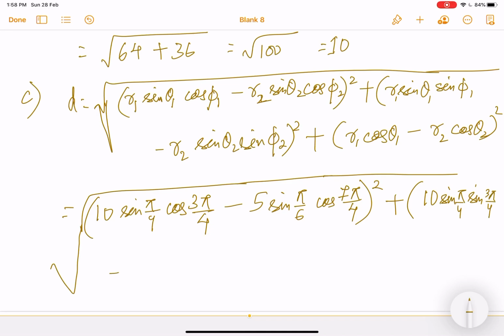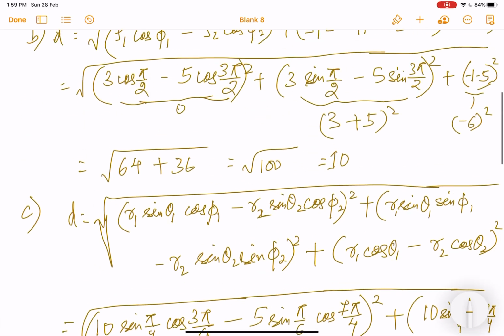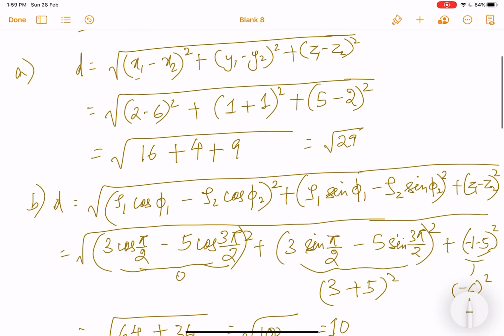Alright, minus R2 is 5 sine theta 2 is pi by 6. Then this phi 2 is sine 7 pi by 4 whole square, plus this R1 again 10 cos theta 1, that is pi by 4. And what is this? This is 5 cos pi by 6 whole square. I have substituted it correctly, I hope. Let me check. Okay, I have substituted it correctly.